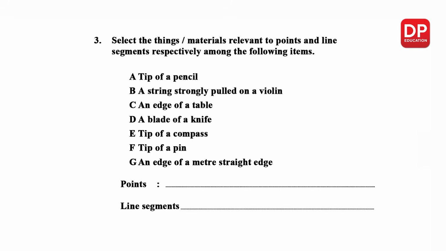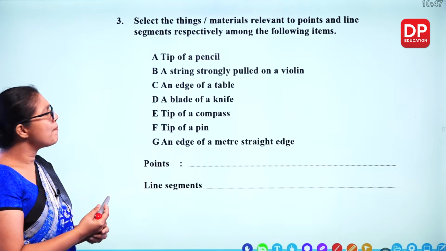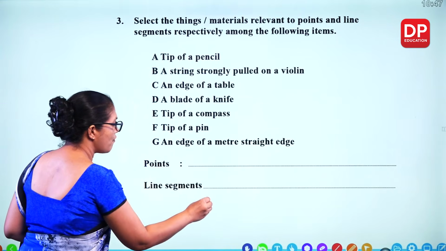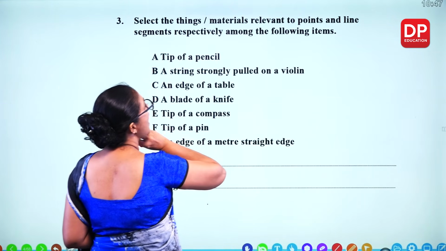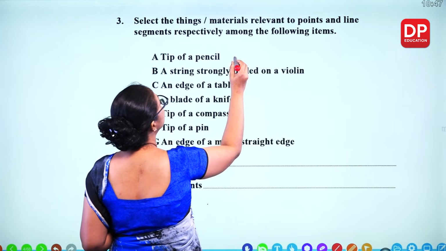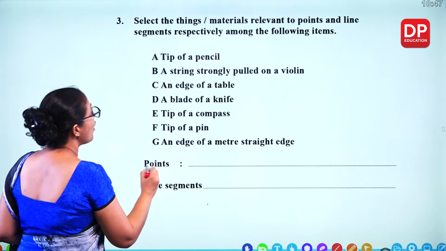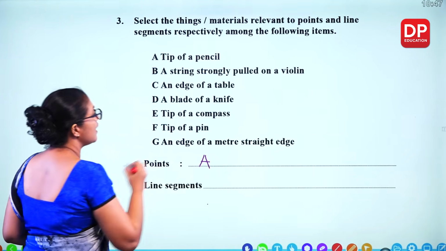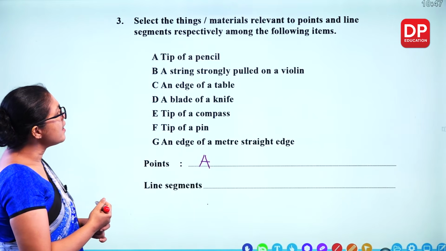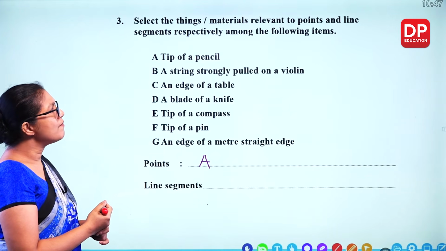Select the things or materials relevant to points and line segments respectively among the following items. A tip of a pencil. Tip of a pencil we can say is a point. So we can say A is a point. A string strongly pulled on a violin.